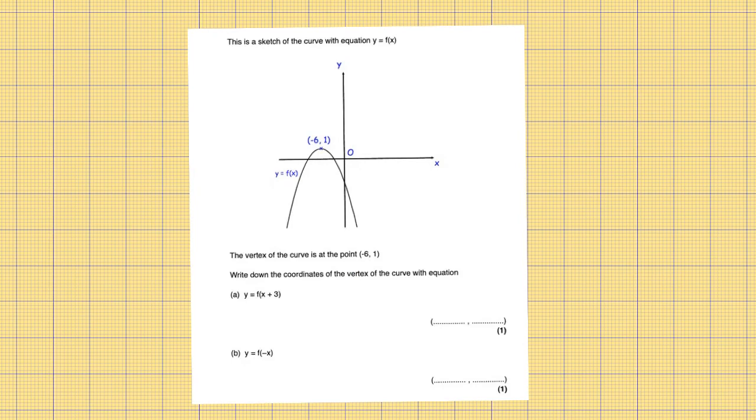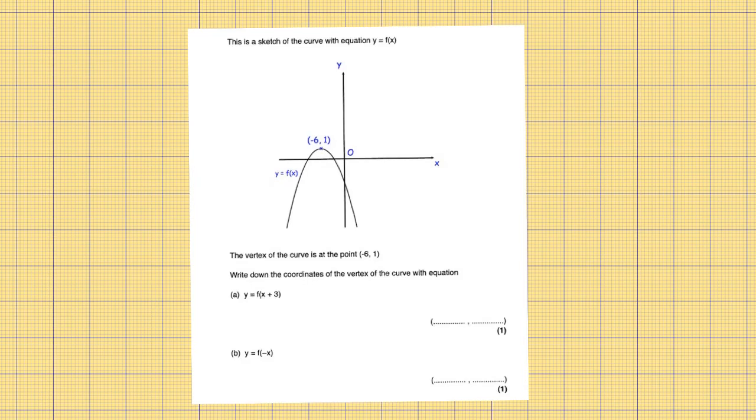Another typical question could be as follows. This is a sketch of the curve with equation y equals f of x. The vertex of the curve is at the point minus 6, 1. Write down the coordinates of the vertex with equation A, y equals f of x plus 3.